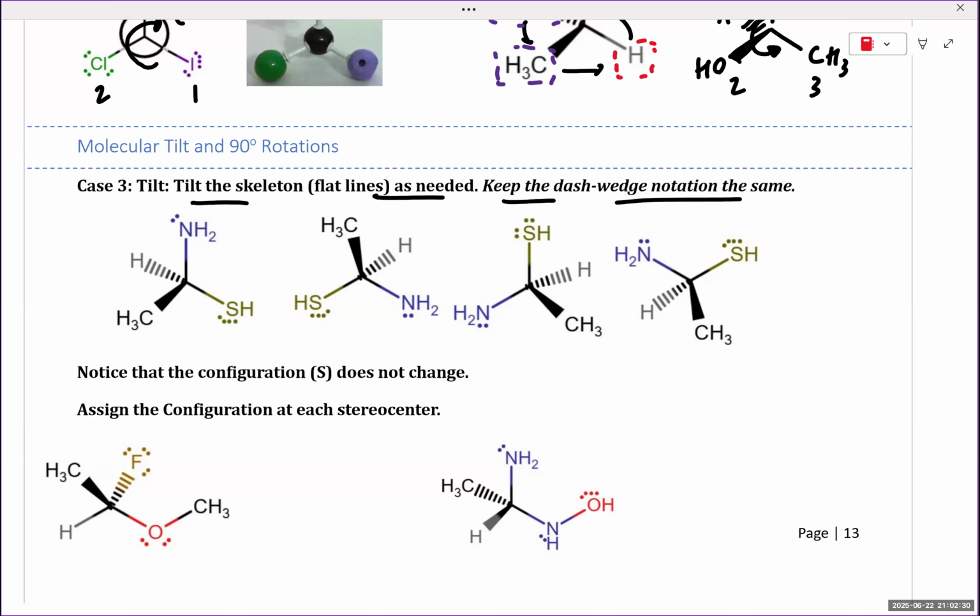So for example, if we want to take this carbon skeleton and tilt it 90 degrees to the right, we tilt our skeleton and we keep the dash wedge depiction exactly the same. The methyl group starts with a wedge, it ends with a wedge. Note the configuration does not change, and this is a very useful check. This is an S stereocenter when we started, and it's an S stereocenter when we finished.